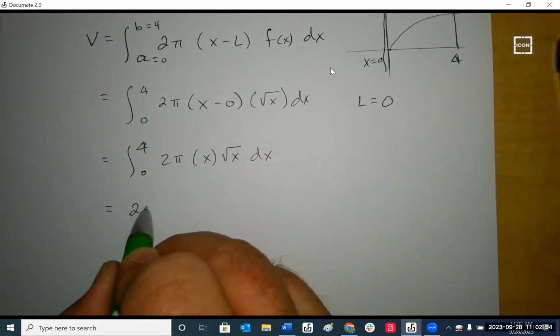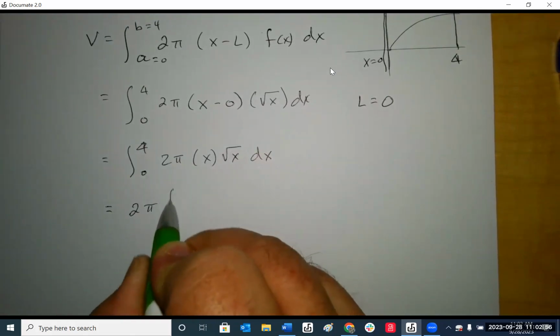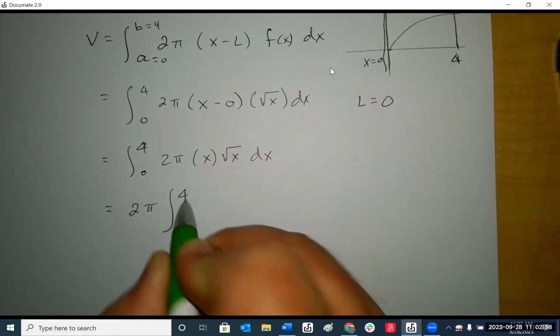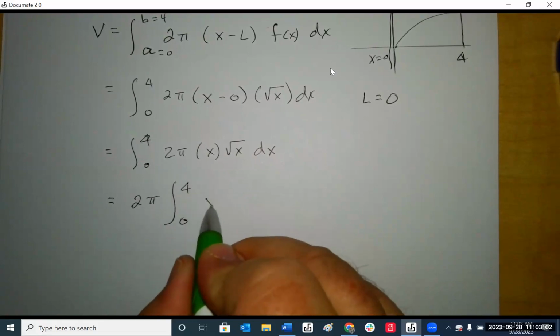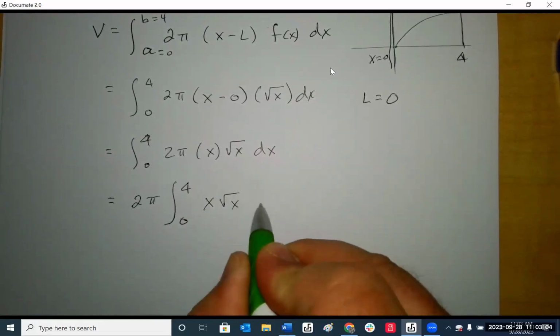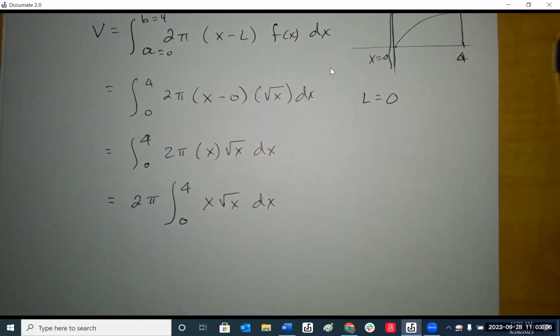The 2 pi can go out in front. What do we do with these two? How do we combine those two?